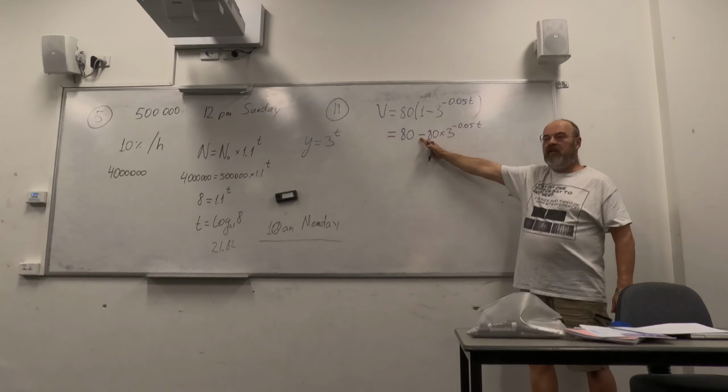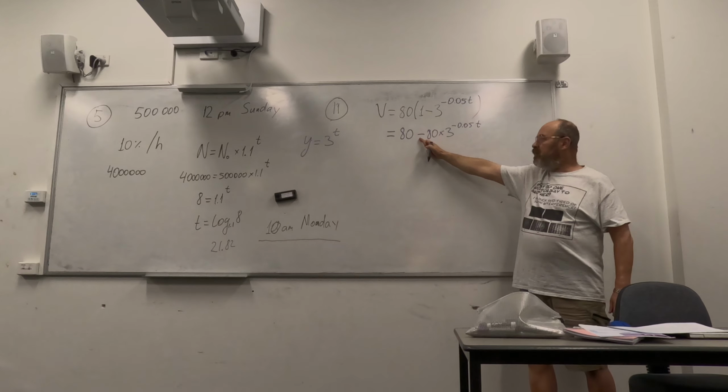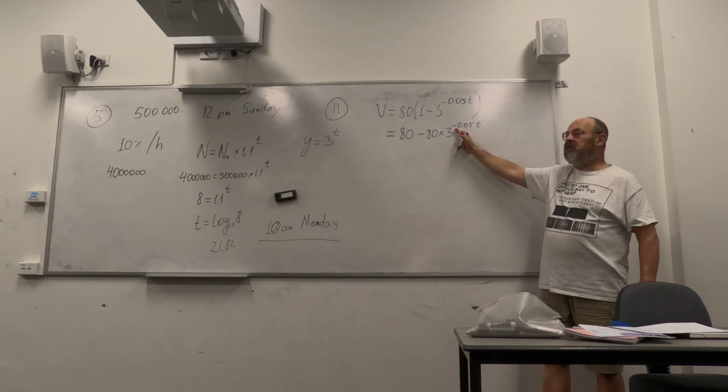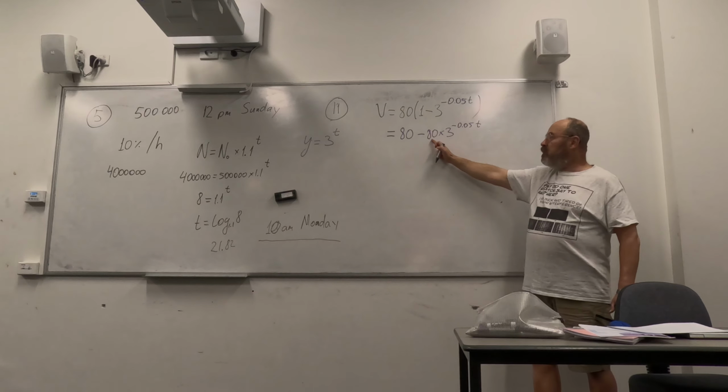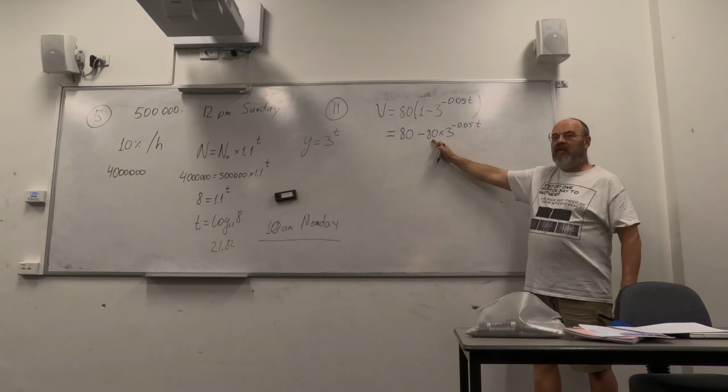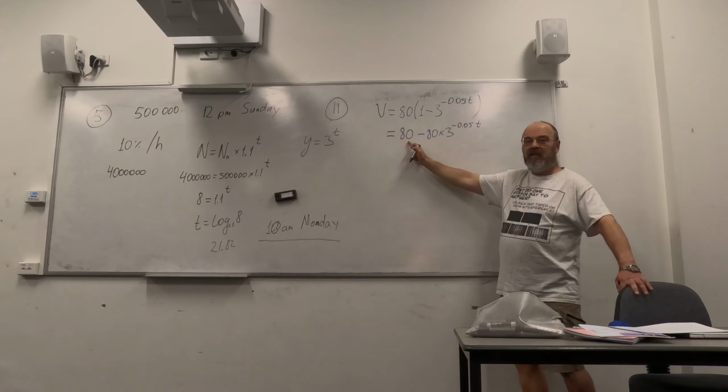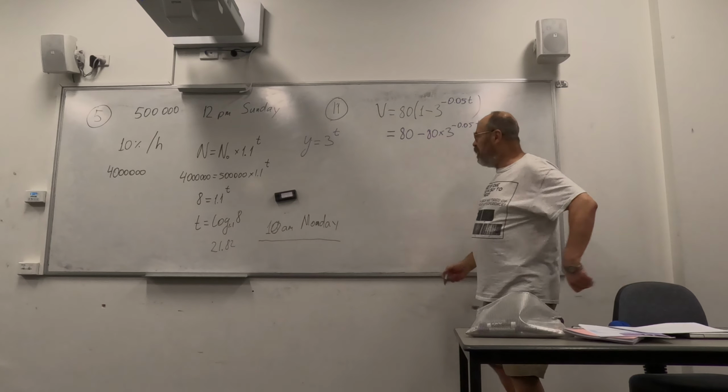Reflection in the x-axis. What does this minus do? Reflection in the y-axis. Then dilation from the x-axis, and this translation 80 up.